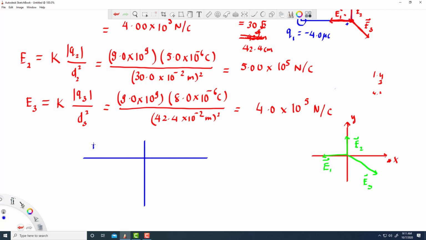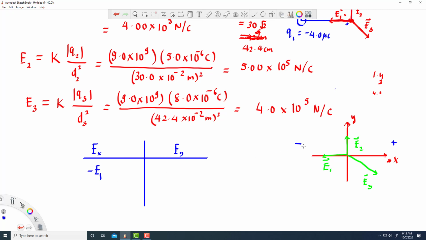So put all the x components of electric field on this side and all the y components on this side. E1 is all along x direction, so we don't need to worry about its y component. The left side is considered negative and right is considered positive, so this is negative.